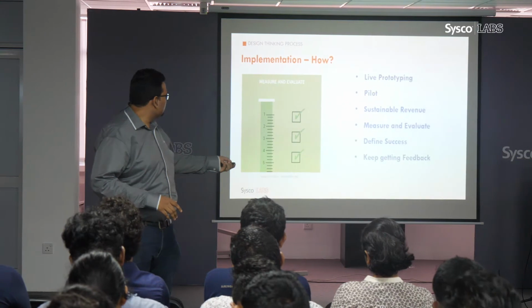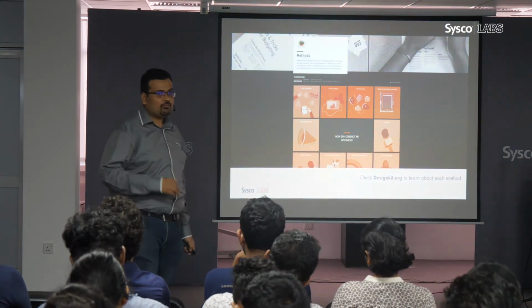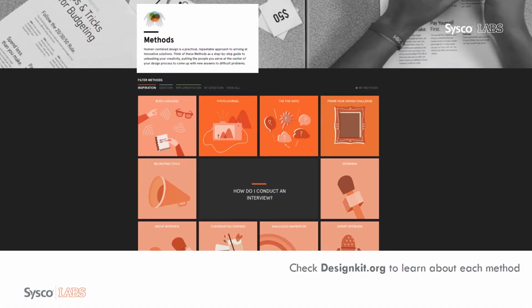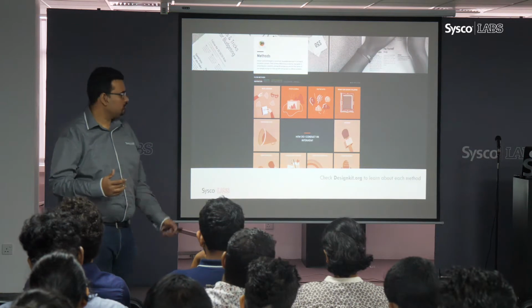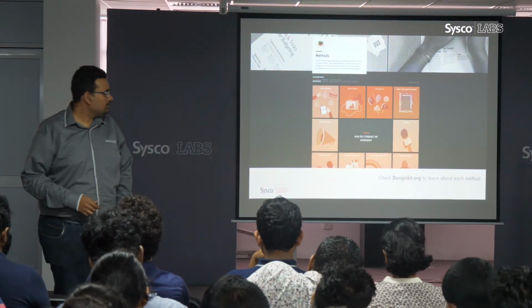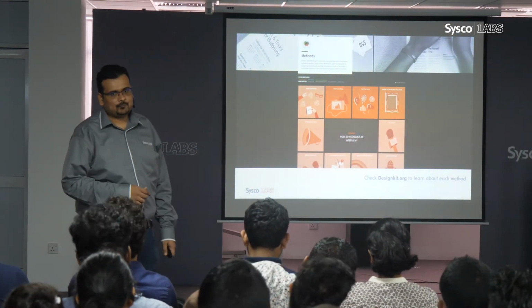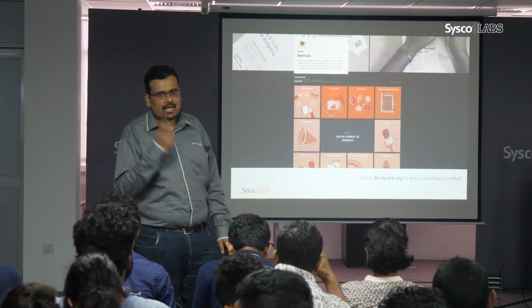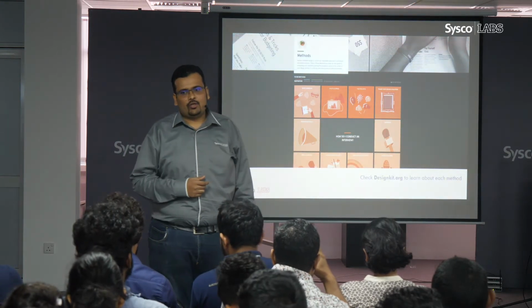So if you are really keen to learn about each method, I would recommend going to designkit.org, because each method is mentioned on that website, and you can actually do an activity and learn. I will give you time to write the name. It's designkit.org. If you want to learn about each phase and each method, that's where you can do it.